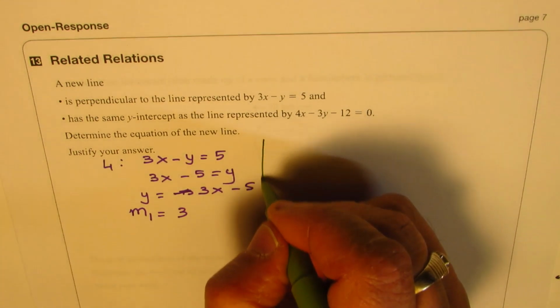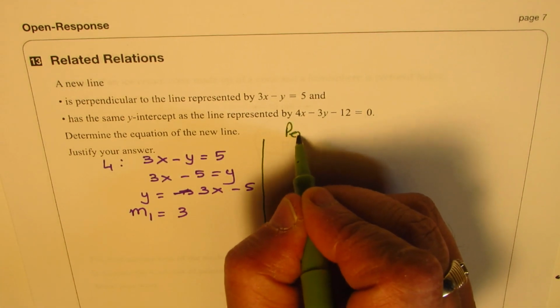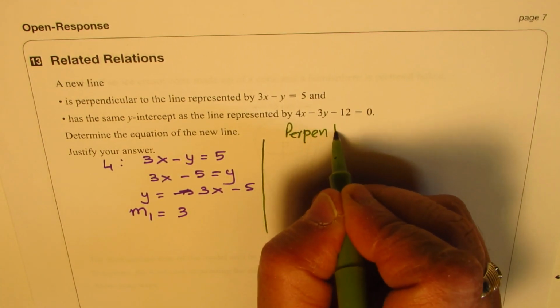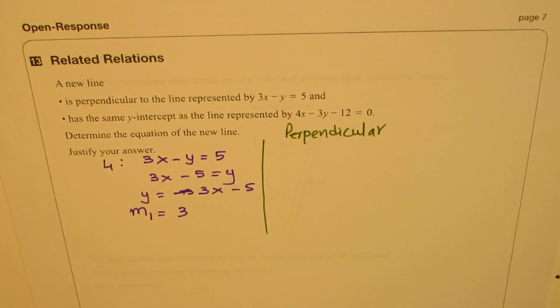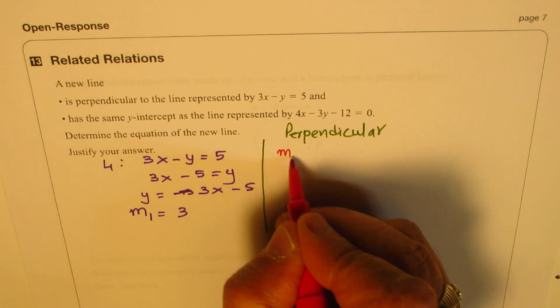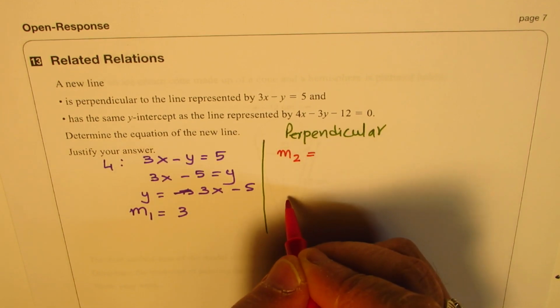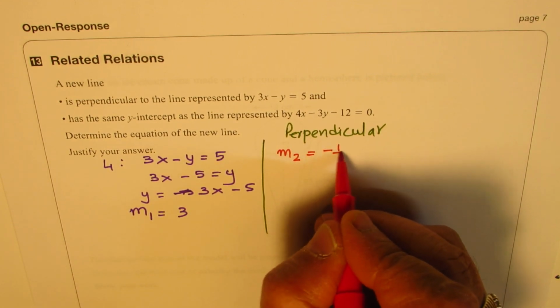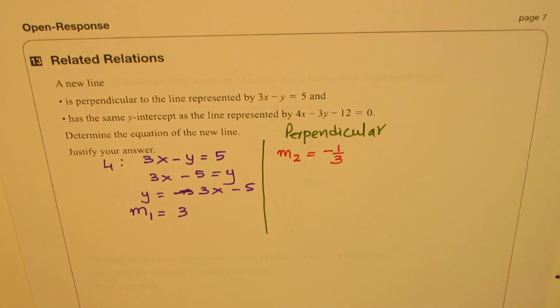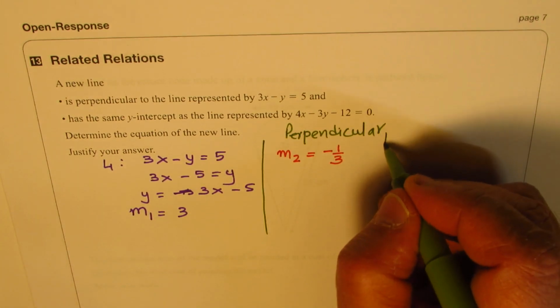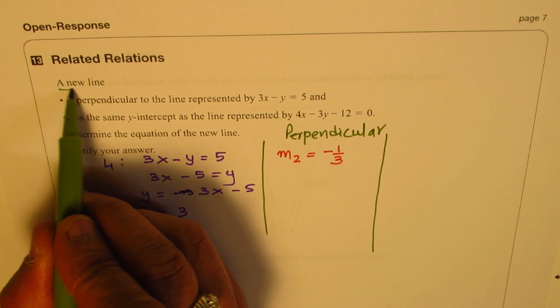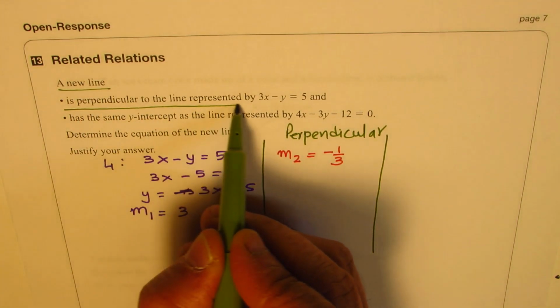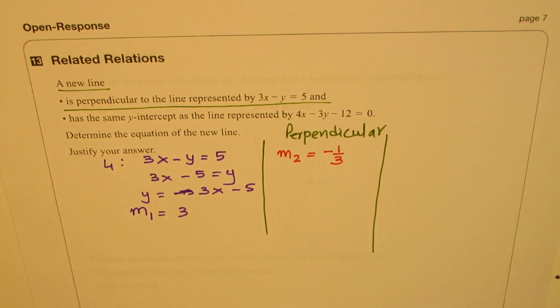If that is the case, then for a perpendicular line, what do you expect? The slope should be the negative reciprocal. So m2, the slope of the perpendicular line, should be negative 1 over 3, correct? So that is the first thing which we have got, since it says that the new line is perpendicular to this line.